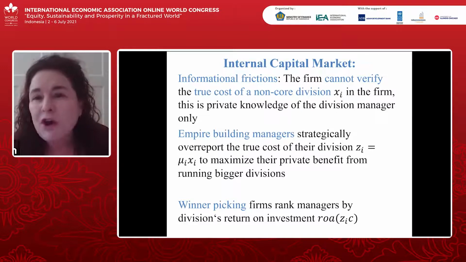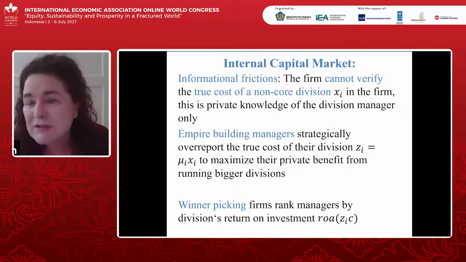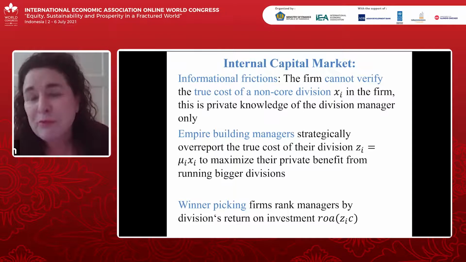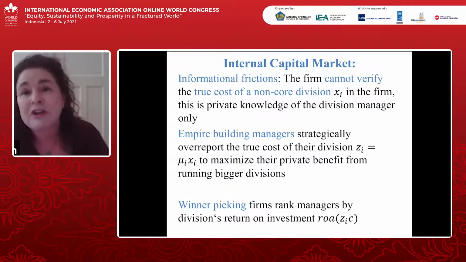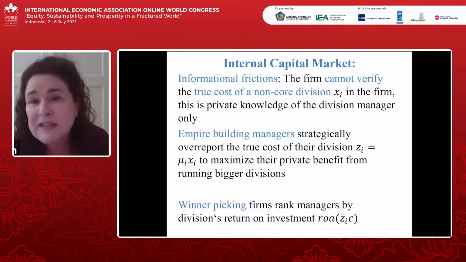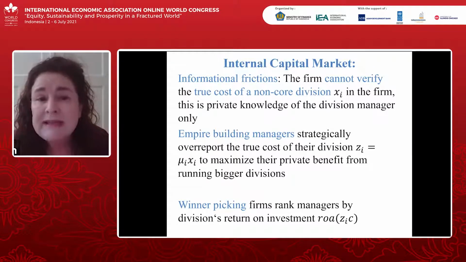The firm only knows the cost of the core division with which it is familiar, but it needs to hire a manager who runs the division for the second product, and the cost of this division is not known to the firm. Then we are assuming that managers are empire builders.